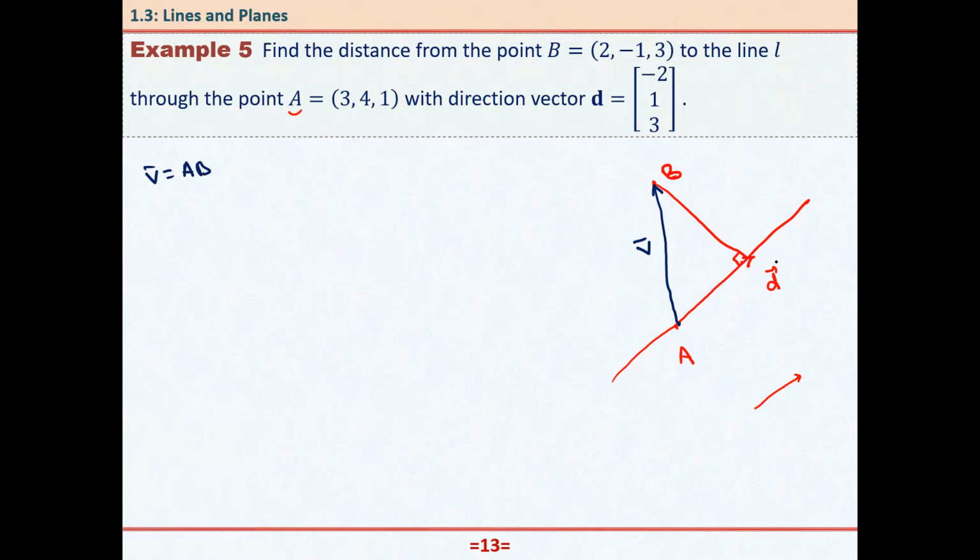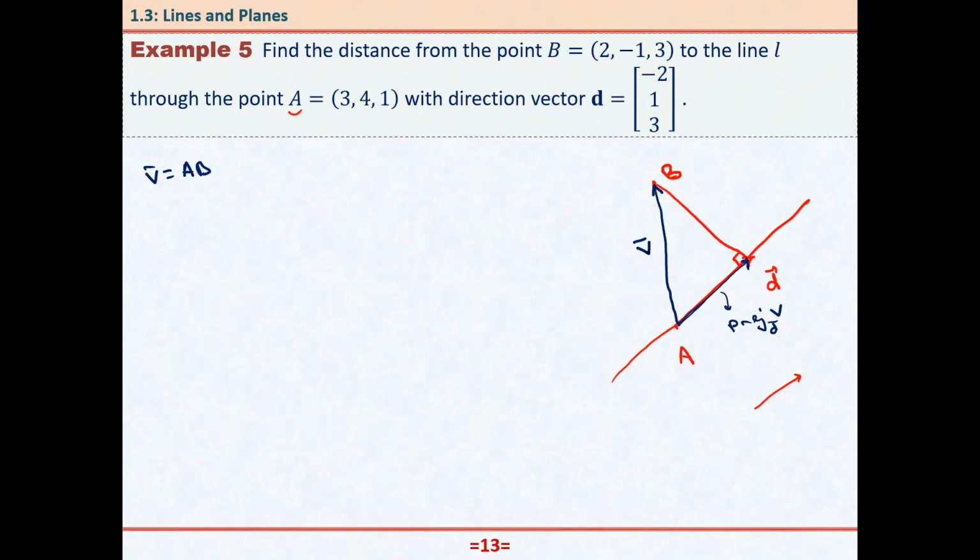And this vector along the direction vector is the projection of V onto this line, or any vector on this line, that is D. So that gives us a projection of V onto D.